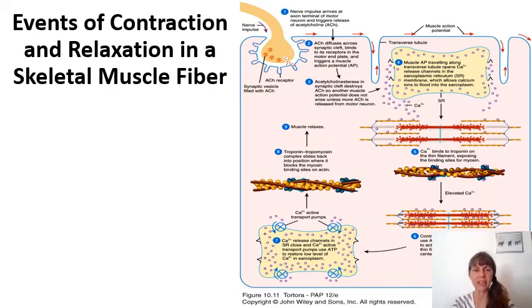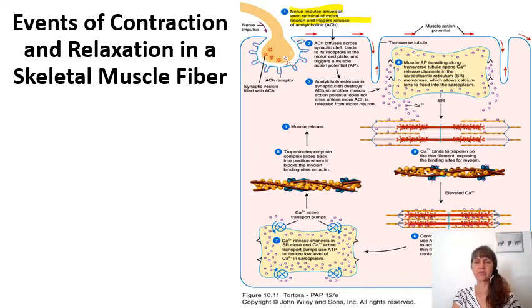Here is another recap of the events of contraction and relaxation in a skeletal muscle fiber. Remember, we have a nerve impulse arriving at an axon terminal of a motor neuron, triggering the release of acetylcholine. Here they actually use the words axon terminal.